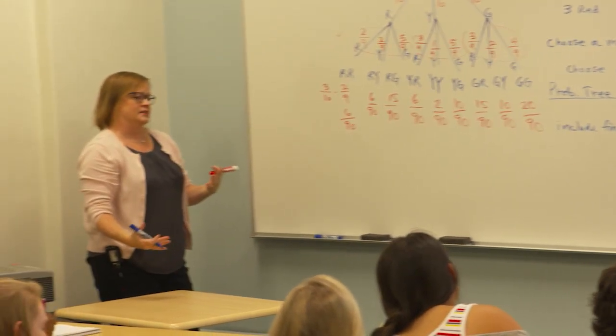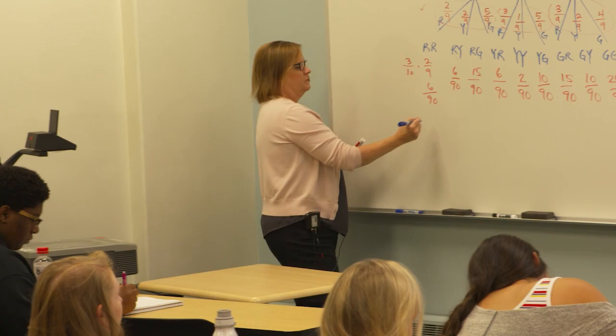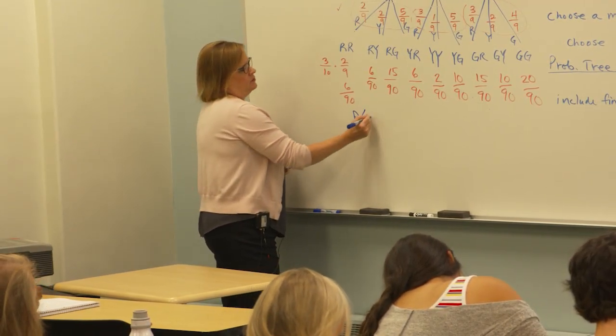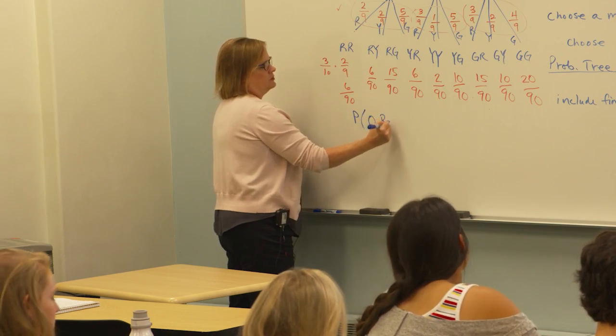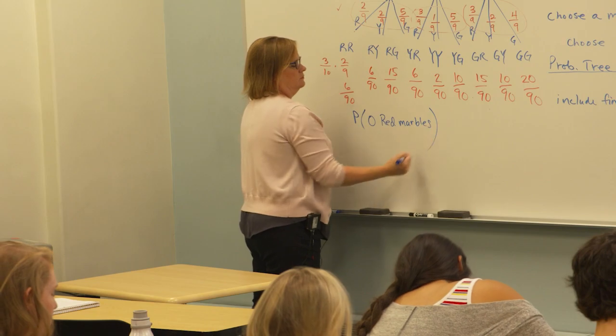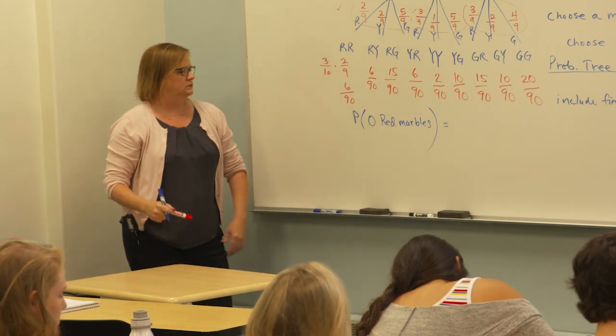Then I'm going to ask you things like this. So now that you've got all that done, let's say you're all done with this experiment. What's the probability that you get 0 red marbles? No reds.